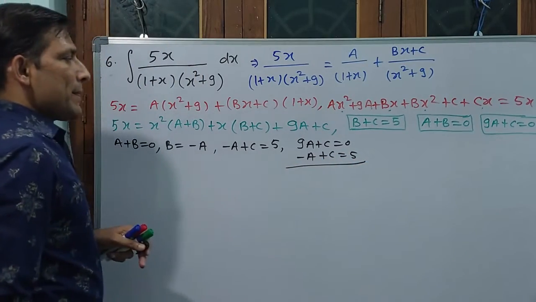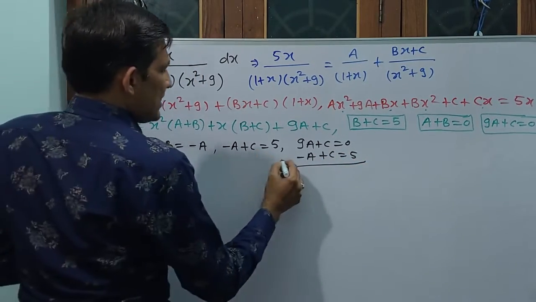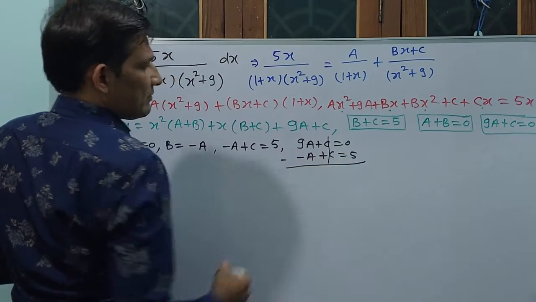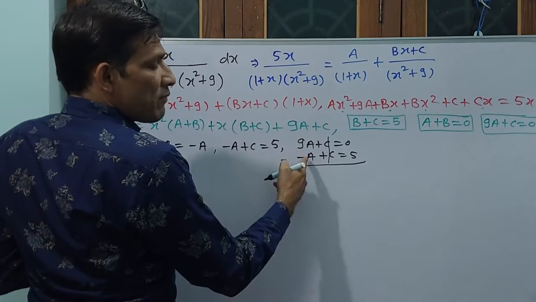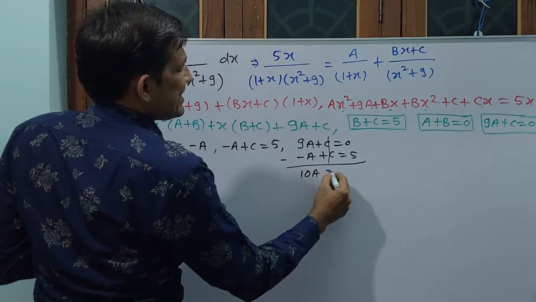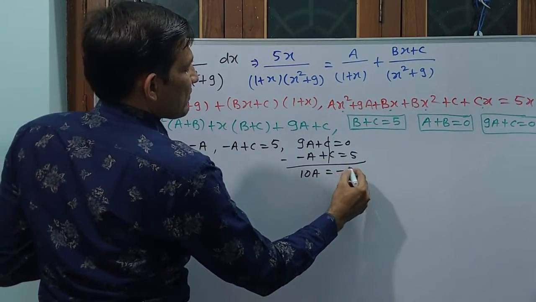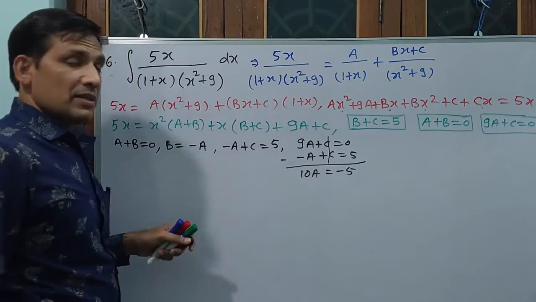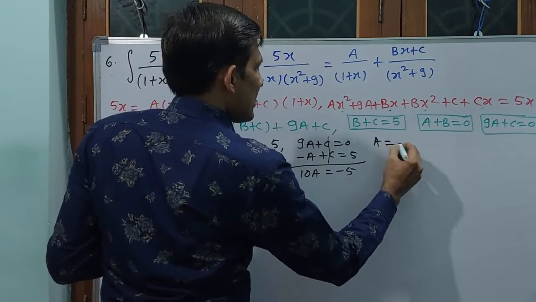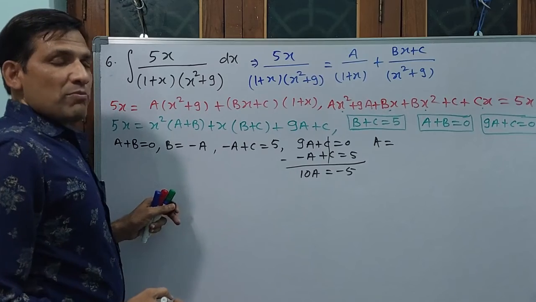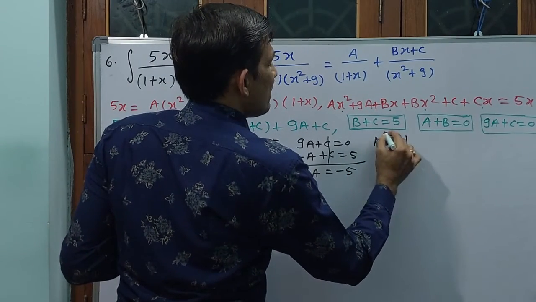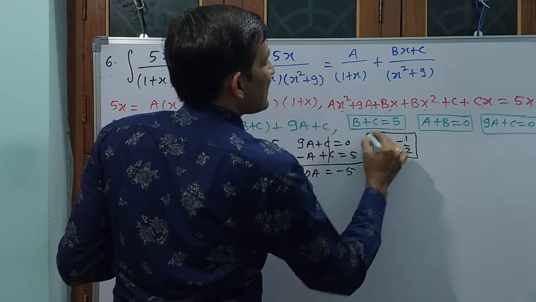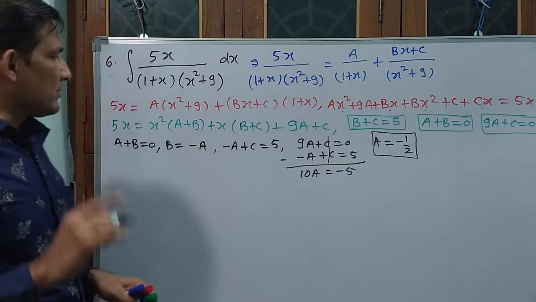Now you have to subtract so that c and c cancel, elimination. 9a minus of minus a is 10a, which is equal to 0 minus 5, that is minus 5. Then a is equal to minus 5 by 10, or directly minus 1 by 2. One value you have got: a is minus 1 by 2.